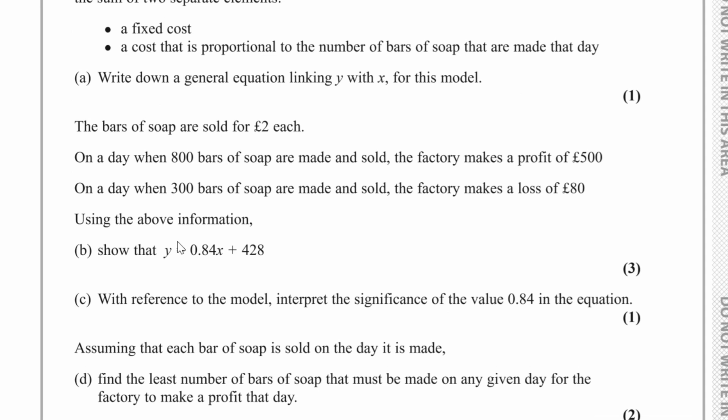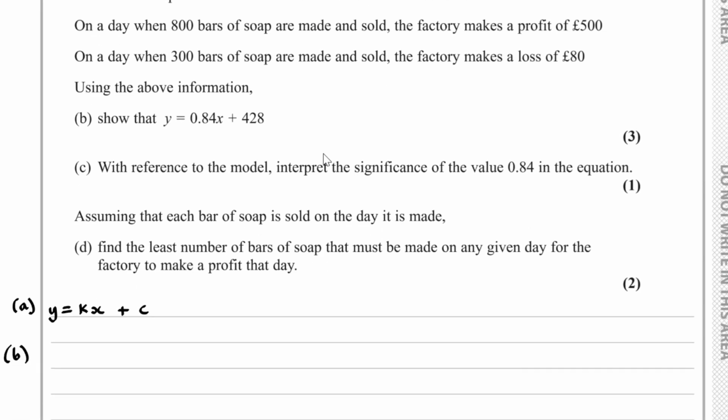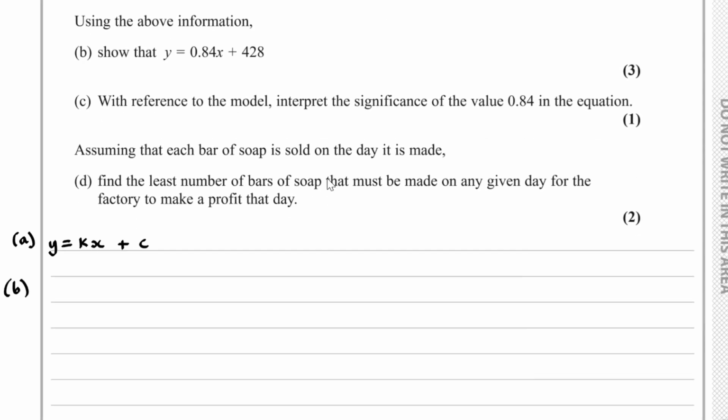So, first thing we need to recognise, 800 bars of soap, profit is £500, and we know that each bar of soap is sold for £2. So we have 800 bars of soap at £2 each.